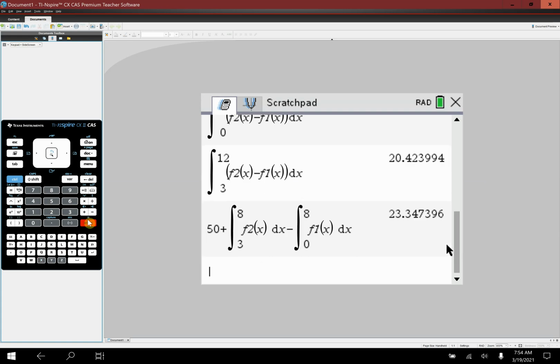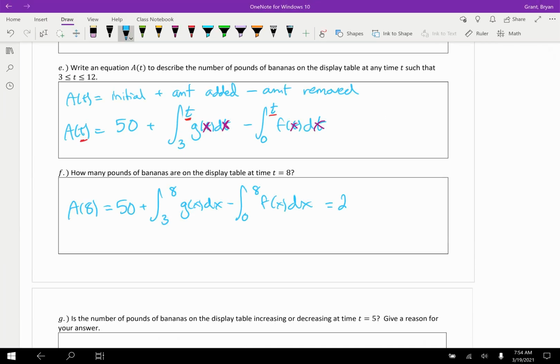That should be pretty good. And we find that we have a current amount of 23.347 pounds of bananas currently on the table.